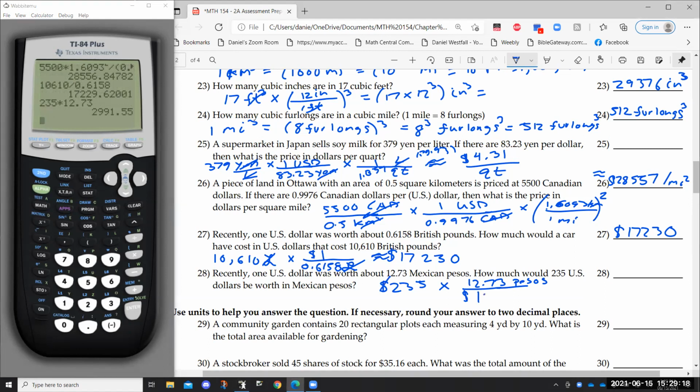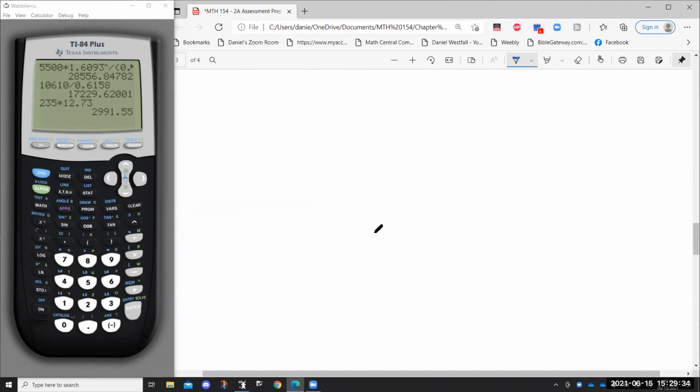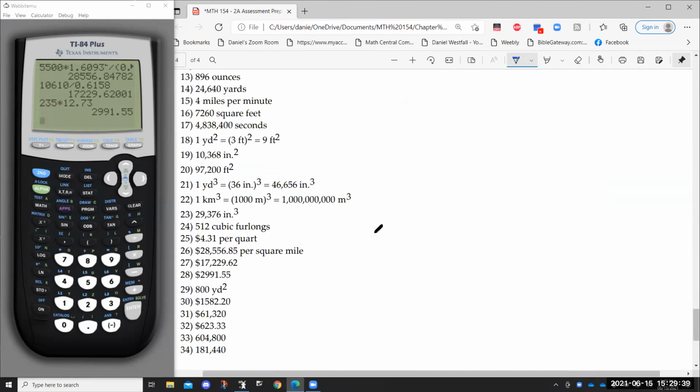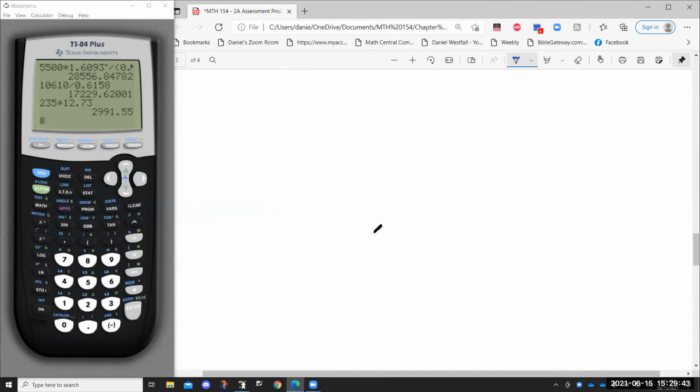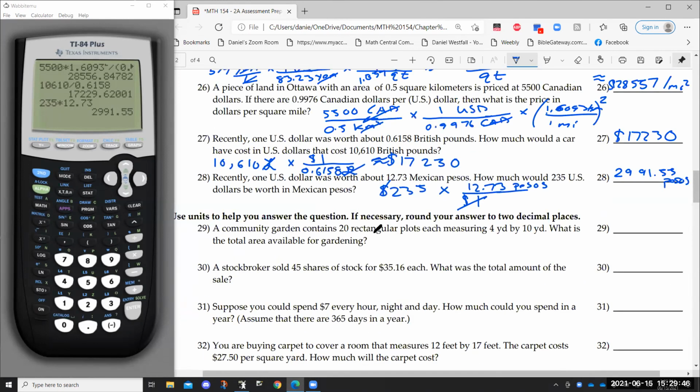Dollars are going to cancel. I'm going to be left with pesos, and not sure that you have fractions of a peso. So let me just make sure. Yeah. Okay. That's fine. Don't use a dollar sign for that though, because they're not dollars.